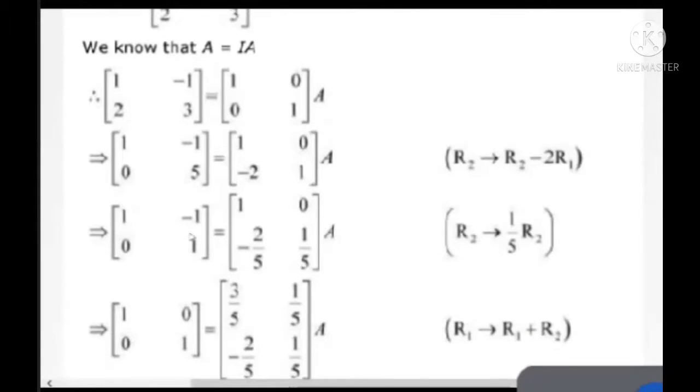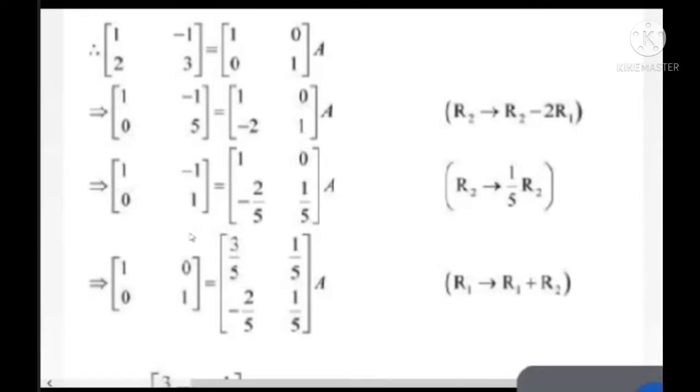Now we have to make the second element of the first row 0. So how do we make this 0? The operation is r1 equals r1 plus r2.